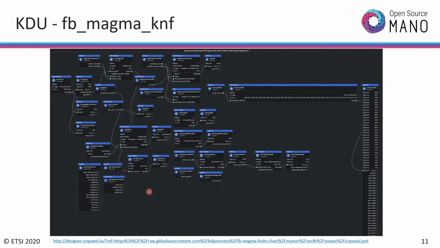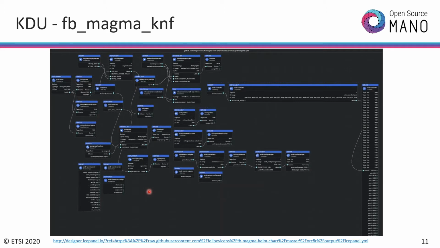It has a subchart for Postgres for the database, a subchart for MySQL, a subchart for the orchestrator, and also, well, it's not a subchart, but it's part of the chart for the orchestrator, plus the web page that is the NMS.